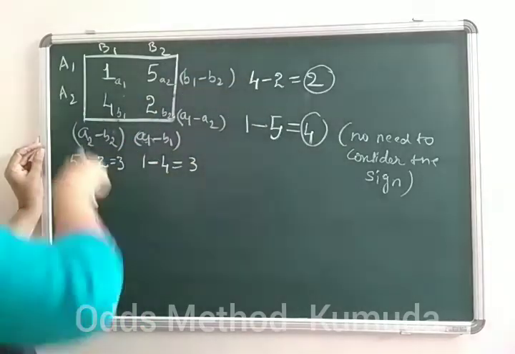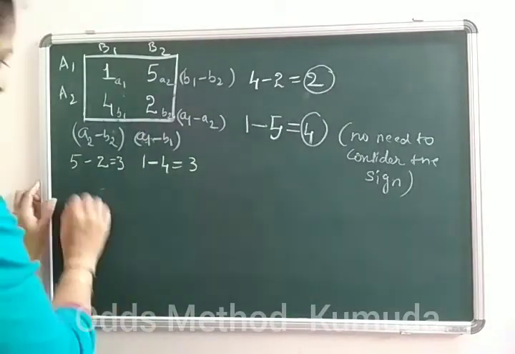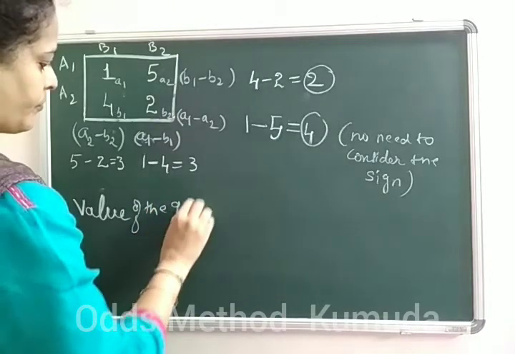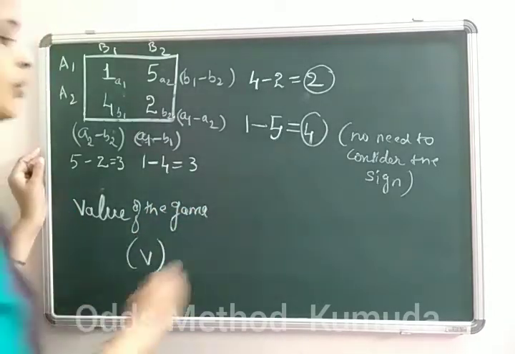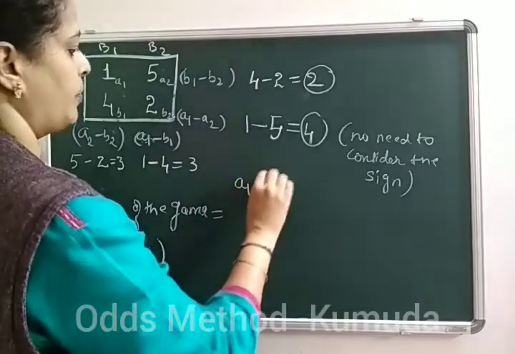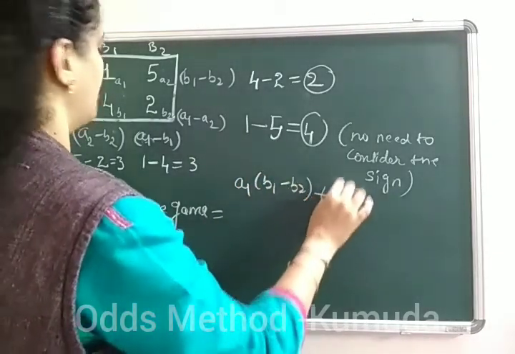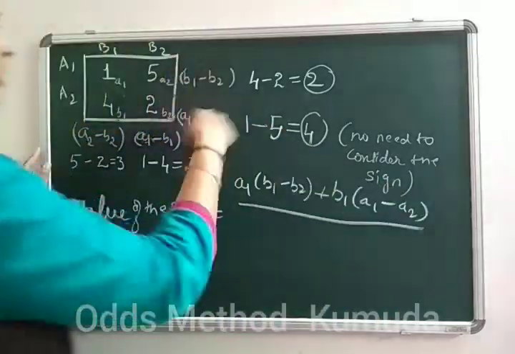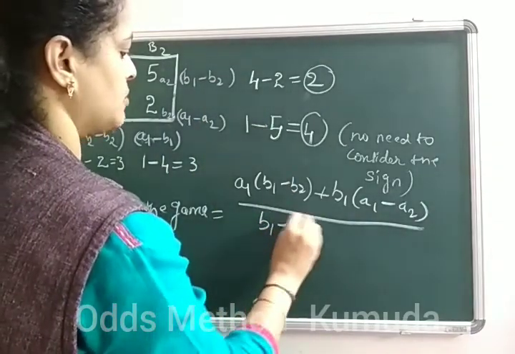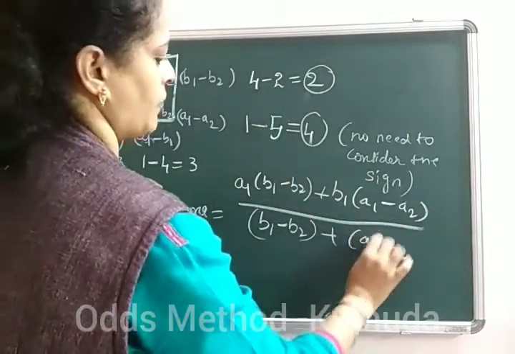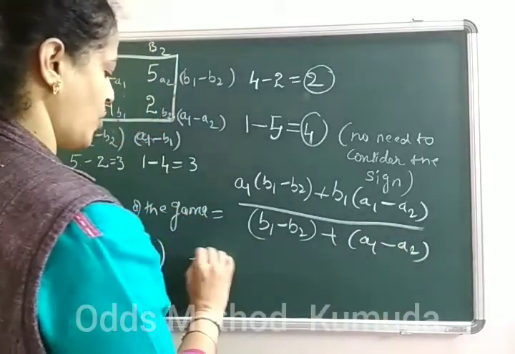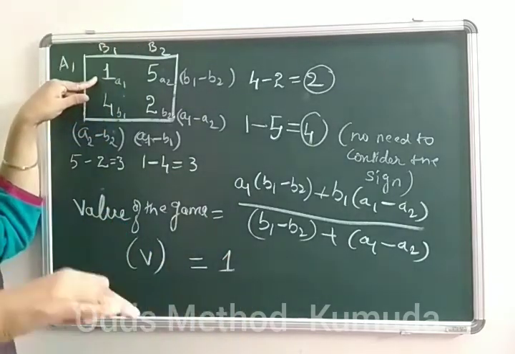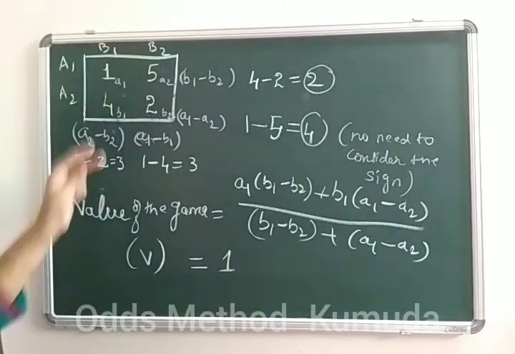So we have found the odds. And now the actual question is to find the value of the game. That is our V. So how do we find V? It is A1 into B1 minus B2 plus B1 into A1 minus A2, divided by the sum of the differences here, that is B1 minus B2 plus A1 minus A2. Now things are very clearly seen here. A1 value is 1. And again make a note, if you have a negative number inside the payoff matrix, then you consider the sign.